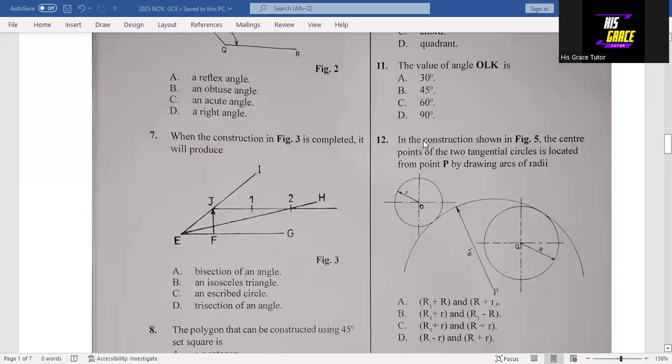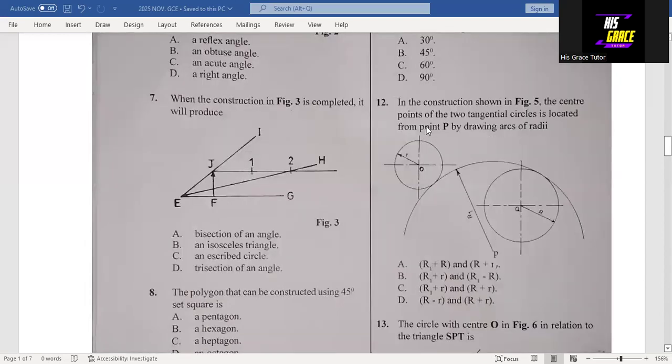Then we come to question 12, which says that in the construction shown in figure 5, the center point of the two tangential circles is located from point P by drawing arcs of radii. The answer to this question is option B. I'm going to explain that. If we are to draw this arc to touch this circle, we need to add the radius of this arc and the radius of this circle together.